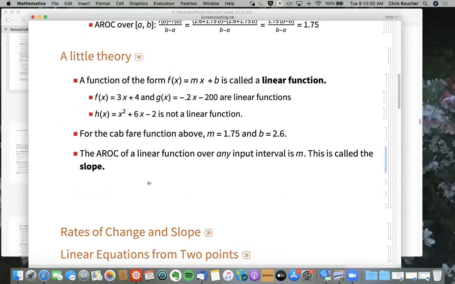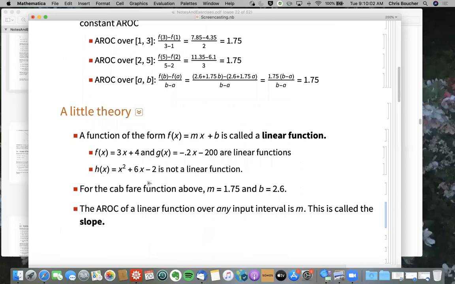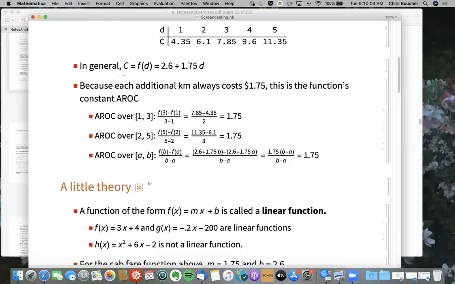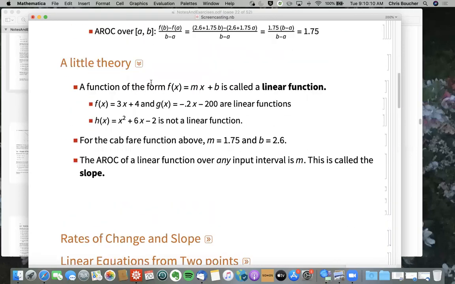And the average rate of change, we just set up above that the average rate of change of a linear function is constant, and it's the m value, right? We saw this in the taxicab example, and this is true in general, right? So for this function here, over any input interval, the average rate of change for that function will be 3. And for this function, over any input interval, the average rate of change will be negative 0.2.